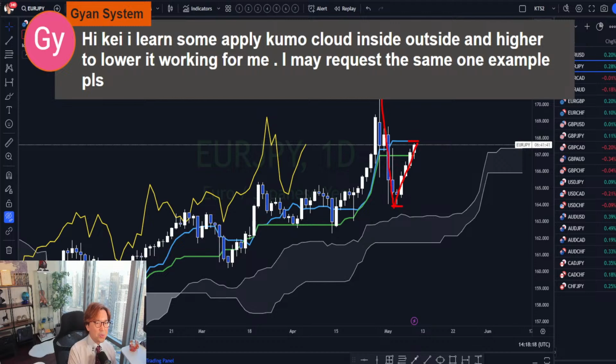And also, if you capture the Kumo breakout, that's also great. That's one of the Ichimoku powerful strategies. So yeah, please continue practicing and learning. That's really great to hear. Today, I may not be able to share an example, but if I find some example, then I will.